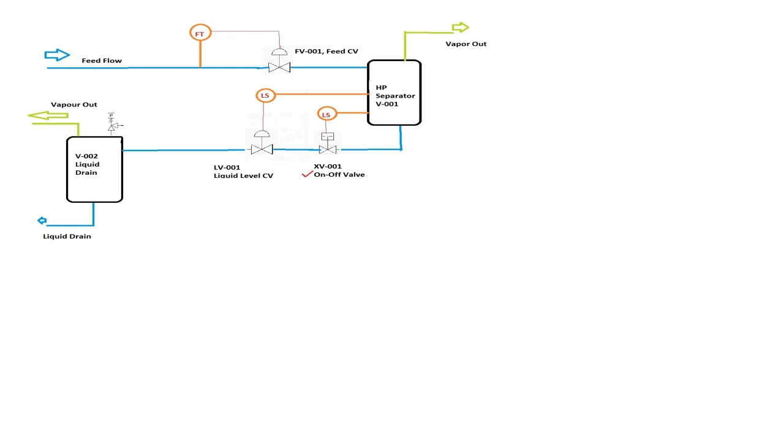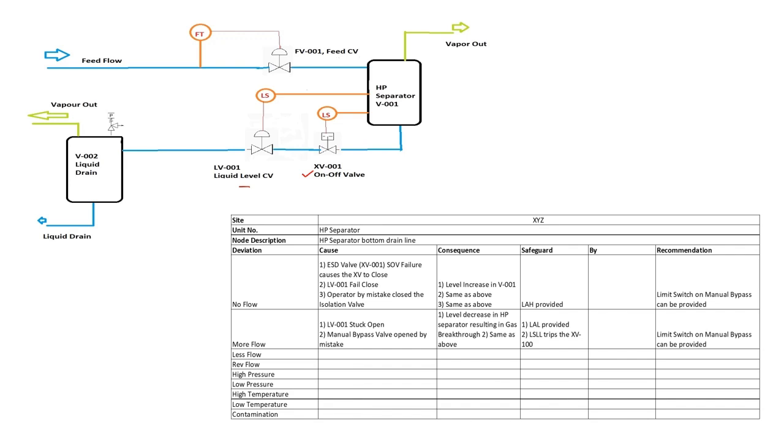There is another level transmitter, which is connected to a control valve that controls the level of this HP separator. The output goes to a liquid drain or another drum where the vapor goes out, and from the bottom the liquid drains out. Okay, now we conducted HAZOP for this particular case, and this is the HAZOP report, as you can see.